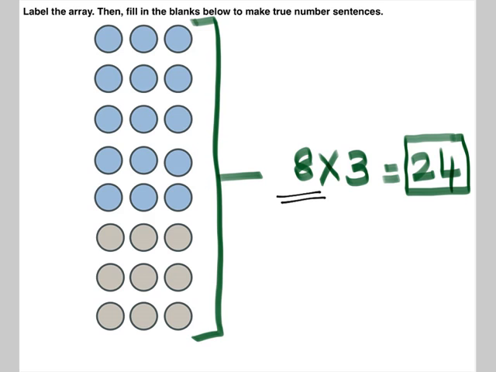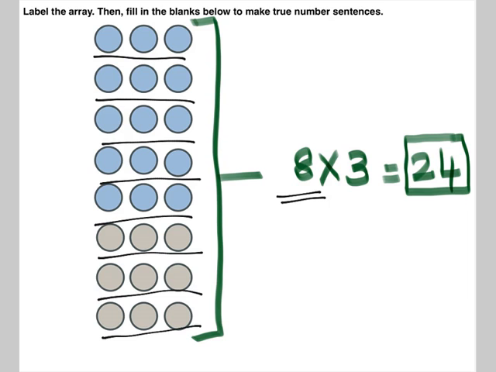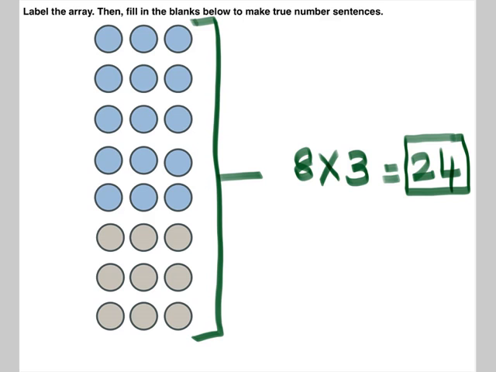So let us count. 1 row, 2 row, 3 row, 4 row, 5 row, 6 row, 7 rows, 8 rows. So 8 times 3 means 8 rows of 3 or 8 groups of 3. And it makes 24. How did we get 24?